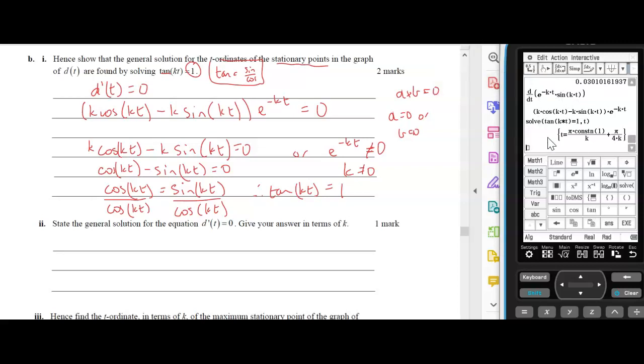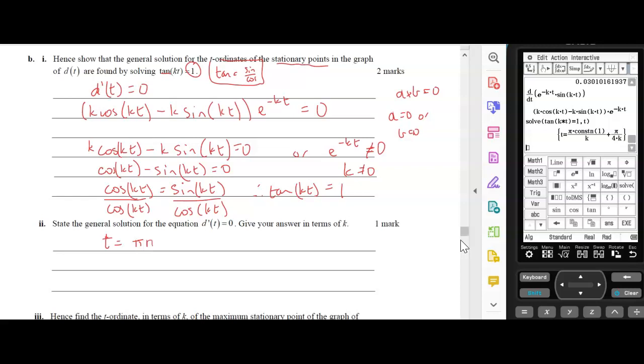So hopefully you're now familiar with general solutions. How you need to interpret this is this CONSTN just means the constant n. So when I'm writing my solution, we've got t equals pi times some constant, which we can call any letter you like, but let's just stick with n.